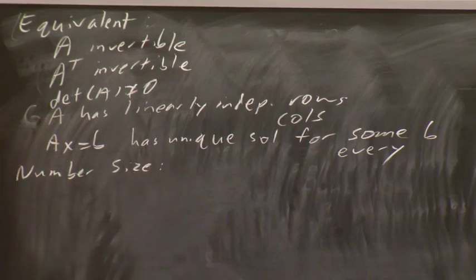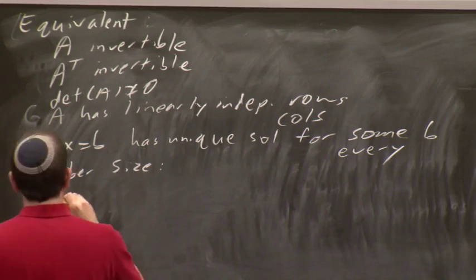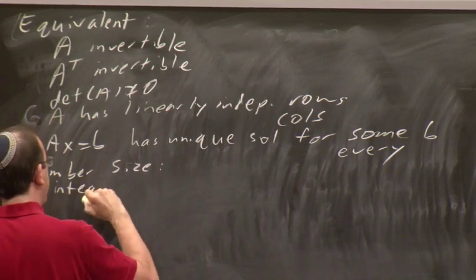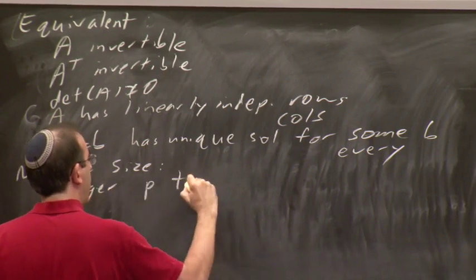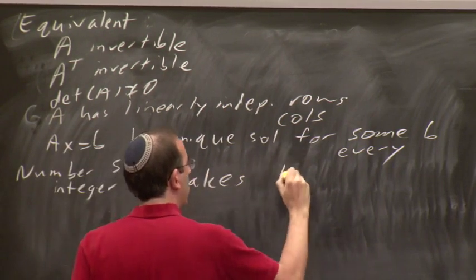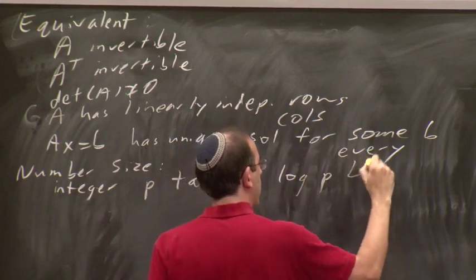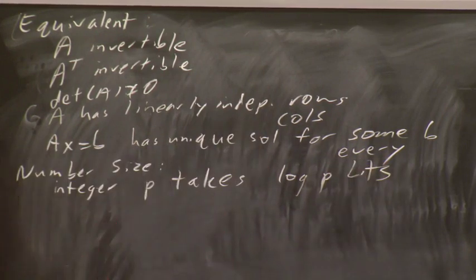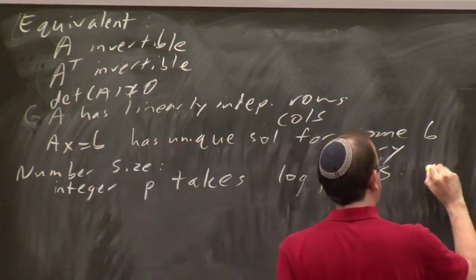As we have discussed in min-cost flow, an integer p takes log p bits to write down, right? And so we'll call that the size of p.